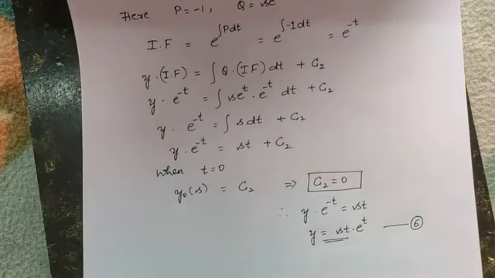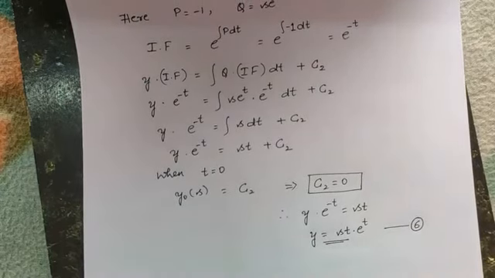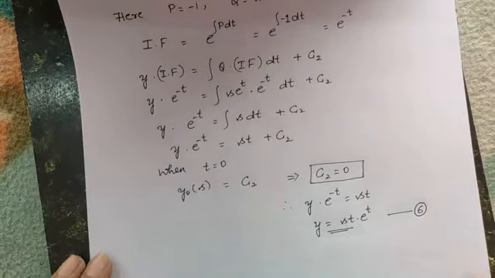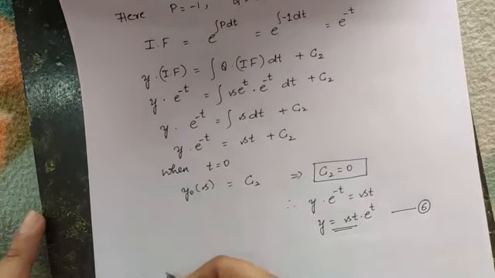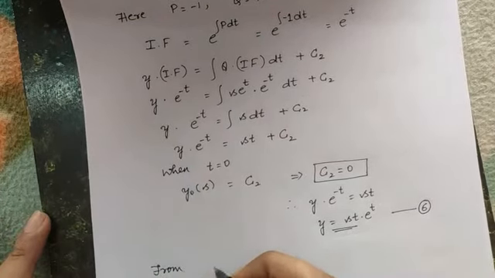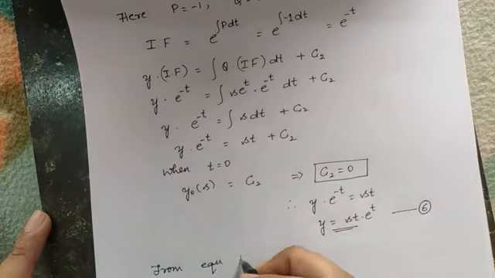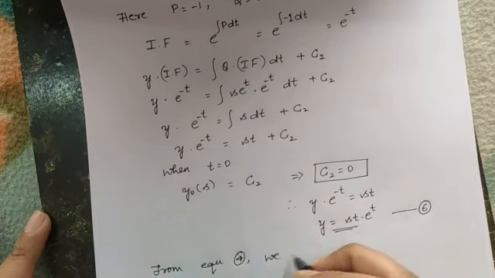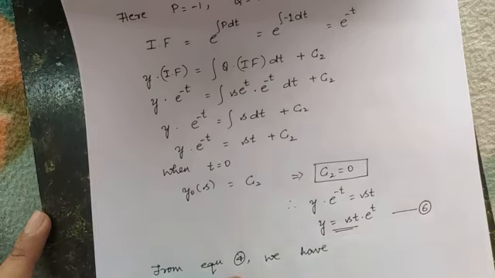Okay, so now let's find out the value of u. For that I will use equation number 4. From equation 4, we have du by dt is equal to u plus 1.